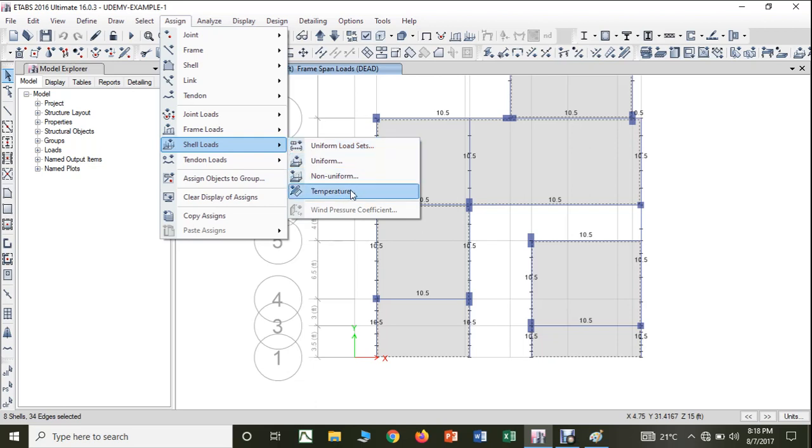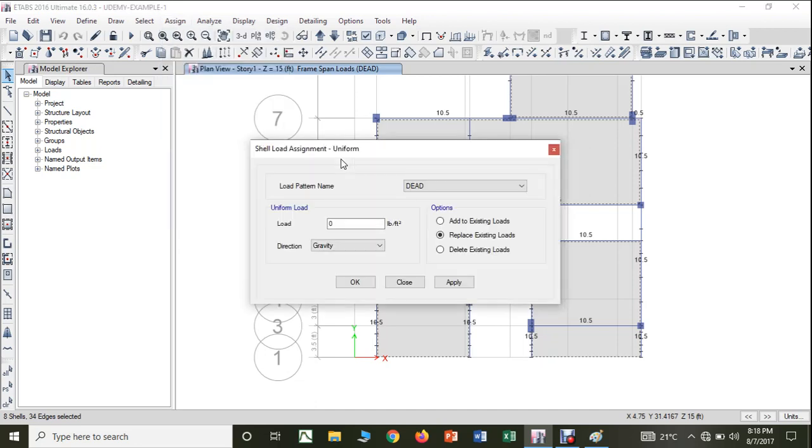Whatever I am applying, that is 1 kilonewton per meter square, or live load of 3 kilonewton per meter square, or roof load of 1.5 kilonewton per meter square, they are all uniform per meter square, so I can directly choose uniform. First I am applying the dead load on the slab of 1 kilonewton per meter square.